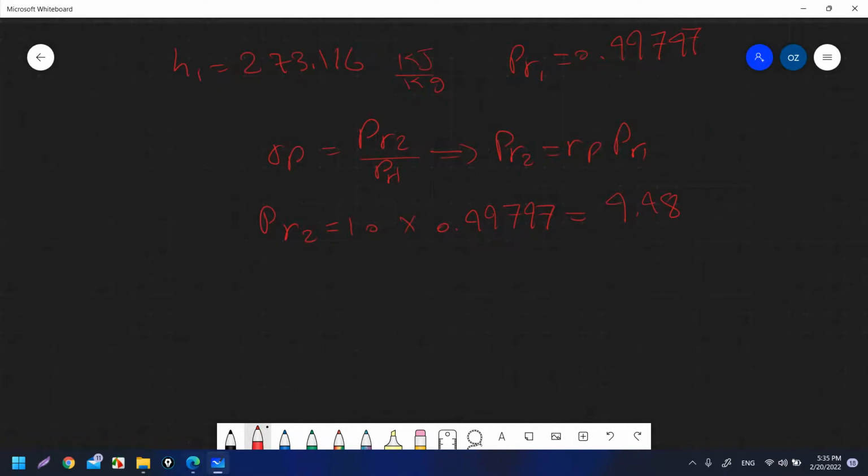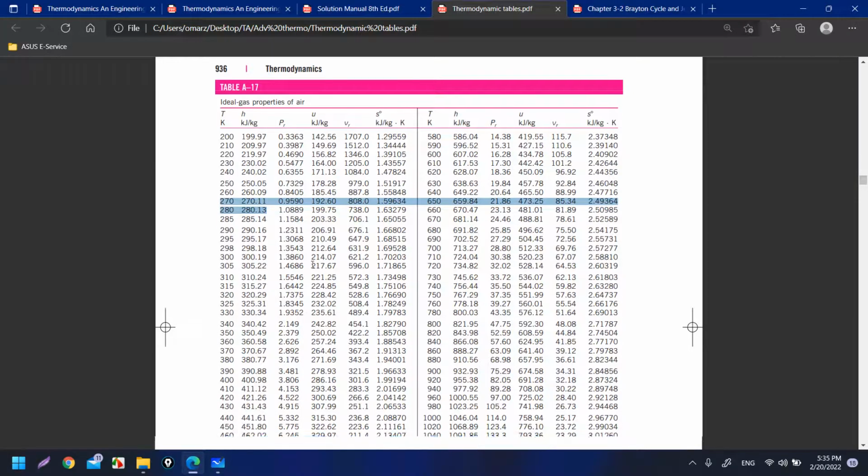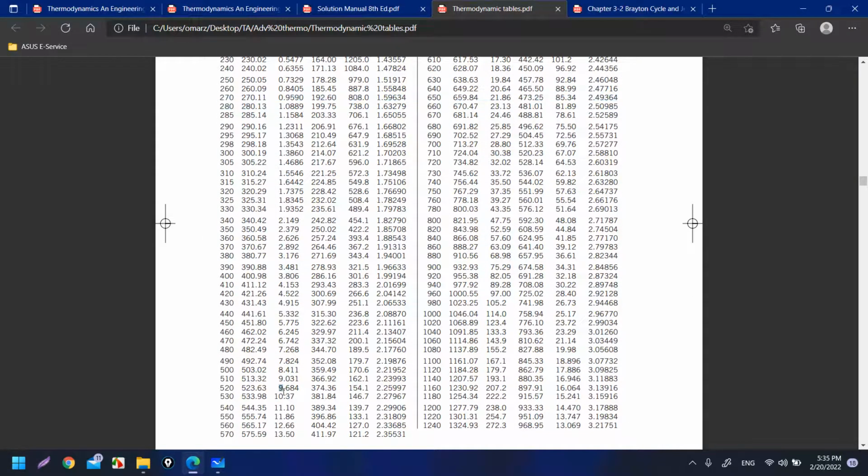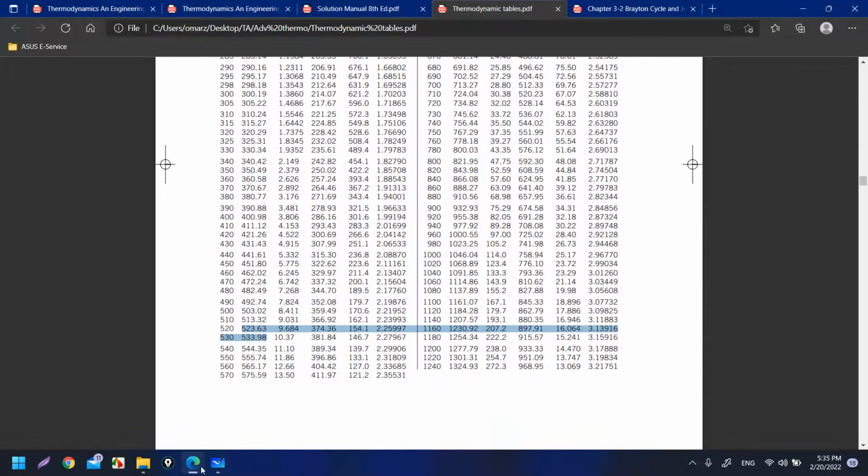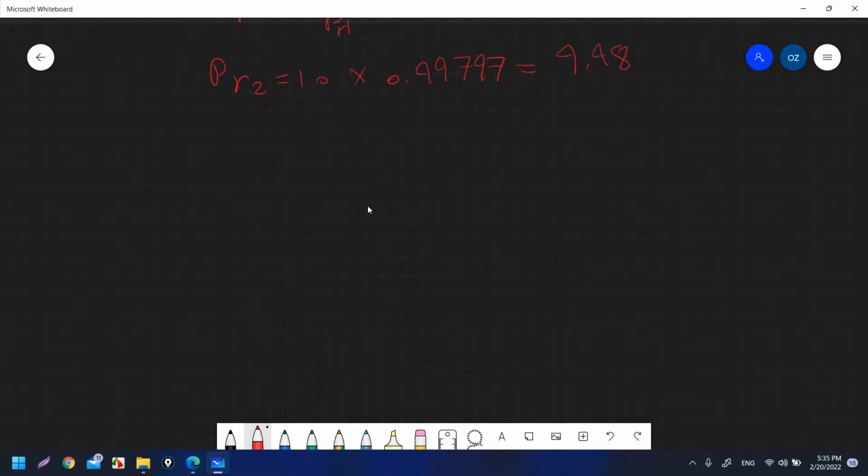And then I will use this value for PR2, 9.98, which is between these two numbers, in order to find H2S in the column of H. So I need to make another interpolation between H and PR. It is 523.63, H2S, over 533.98, and 9.684 over 9.98, 10.37.